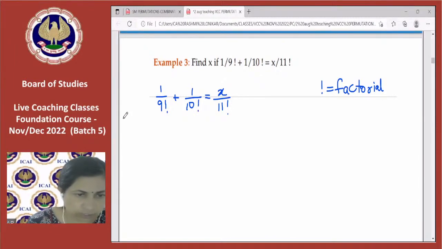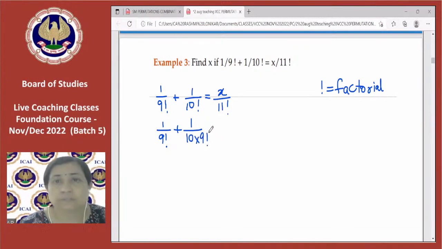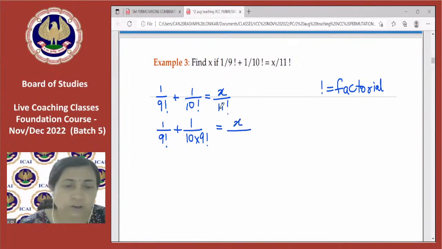So let us do that. This is 1 upon 9 factorial as it is, because that's the smallest factorial, plus 1 upon 10 into 9 factorial is equal to x upon, now 11 factorial I have to take up to 9 factorial. So this will be written as 11 into 10 into 9 factorial.